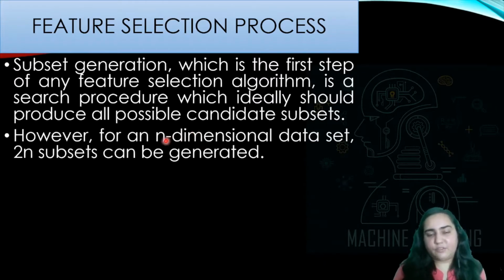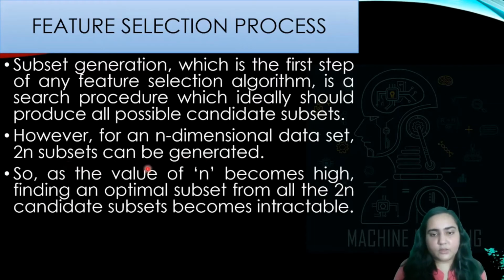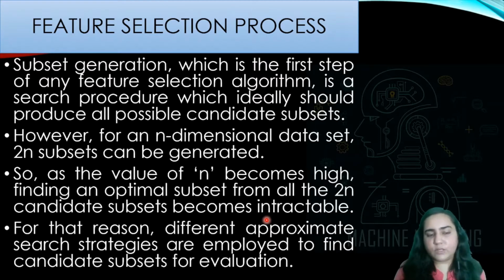So we know that if you have an n-dimensional data set, you can have 2 raised to n different subsets, right? Which is a very big number. So if n becomes high, then calculating this becomes intractable, right? You cannot generate so many subsets. So for that reason, there are a lot of approximate strategies which are employed to find these subsets for evaluation.